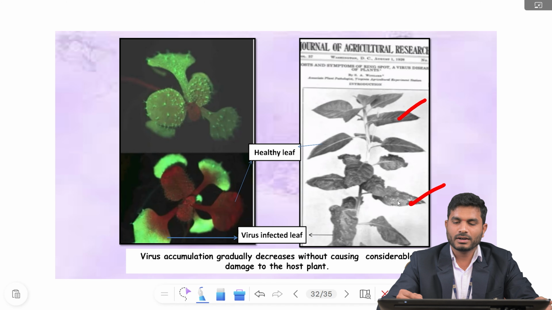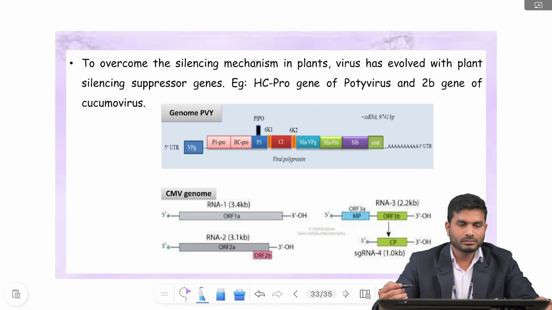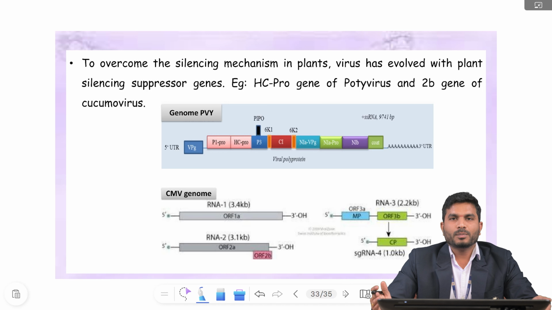When a virus infects these leaves, the plant becomes active and combats the virus by the process known as RNA gene silencing. After the plant passes the signals to the upper portions, the upper leaves show healthy growth.